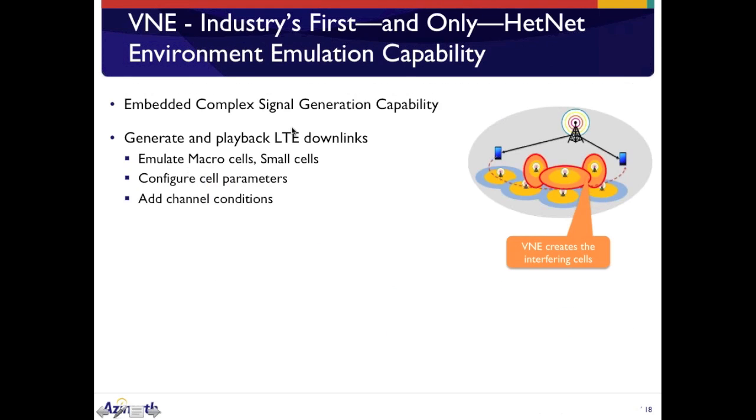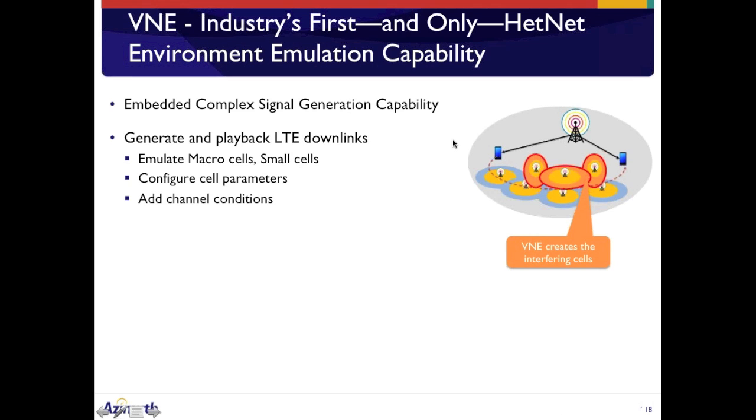Just one more slide on this capability in detail. So essentially, VNE gives you the ability to create an LTE downlink interferer. Now, as you notice here, it is a fully controllable cell. What I mean by a fully controllable cell is it's up to you as a user to decide whether you want it to be a small cell or a macro cell.